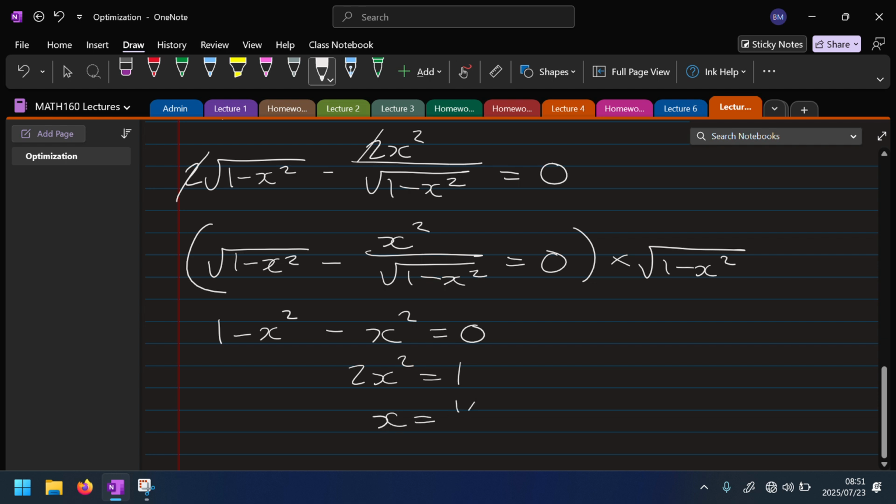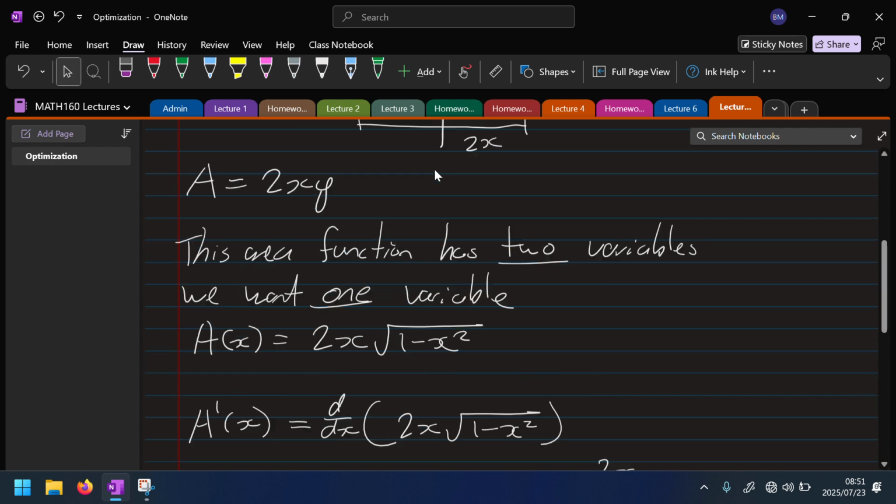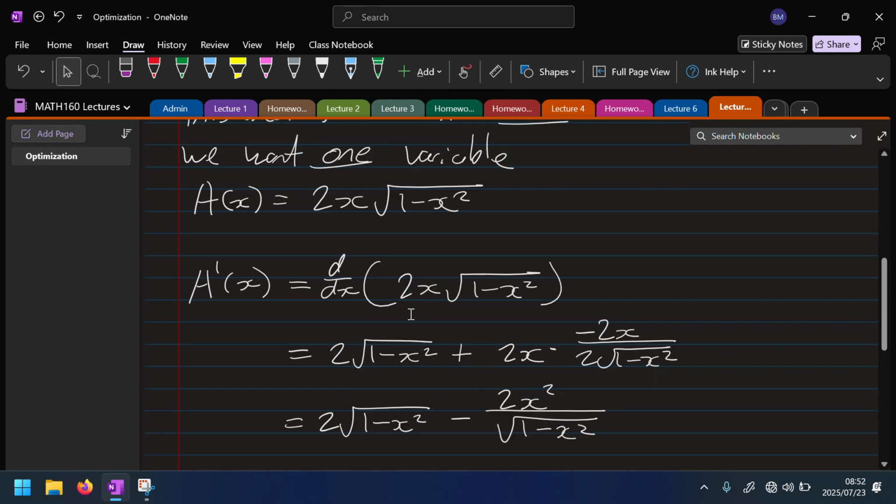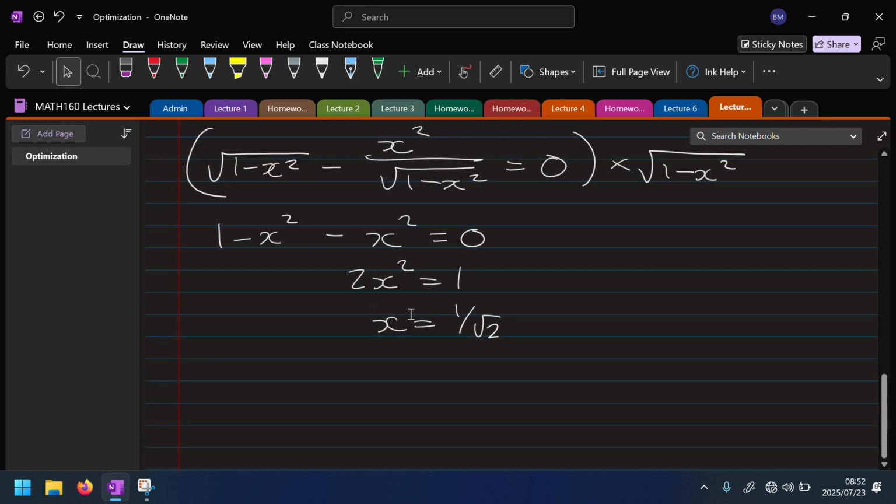So x equals 1 over root 2. Now we would get a solution plus or minus, but if we go back to our setup here, we said x was on the right-hand side. So 1 over root 2 takes care of the right-hand side, and the minus 1 over root 2 would be on the left-hand side.